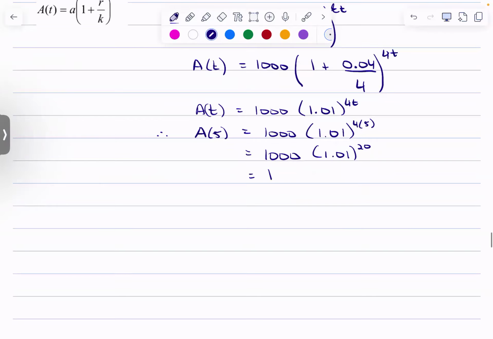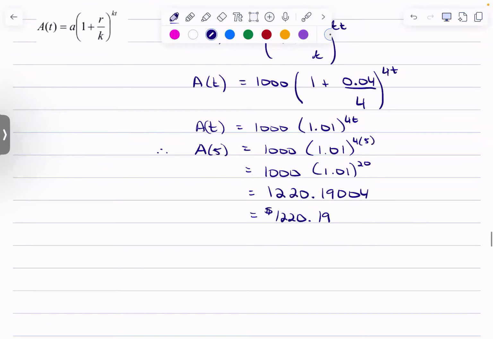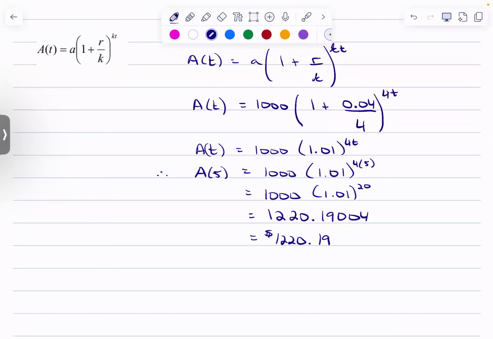I get 1220.19004, which is money. So I'm going to round to 2 decimal places. 19 pennies. That's nice. How much interest did you earn over 5 years? $220.19.